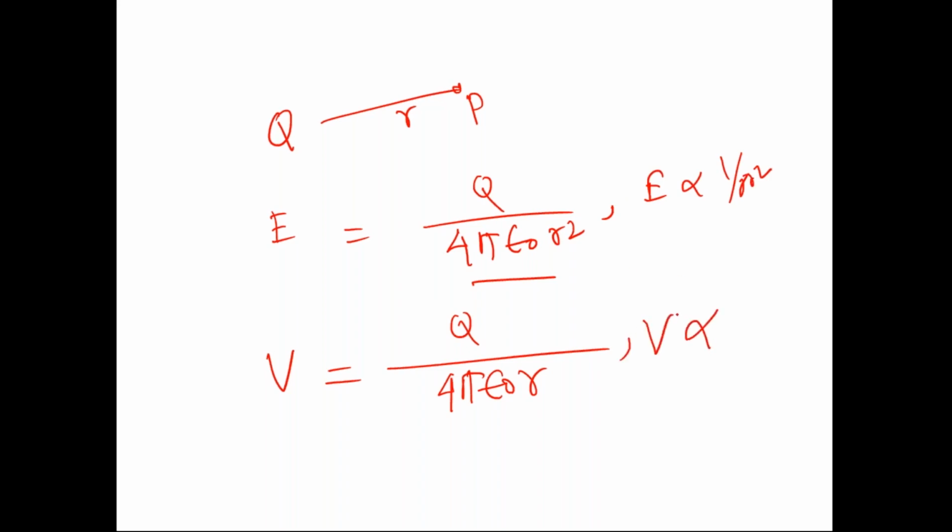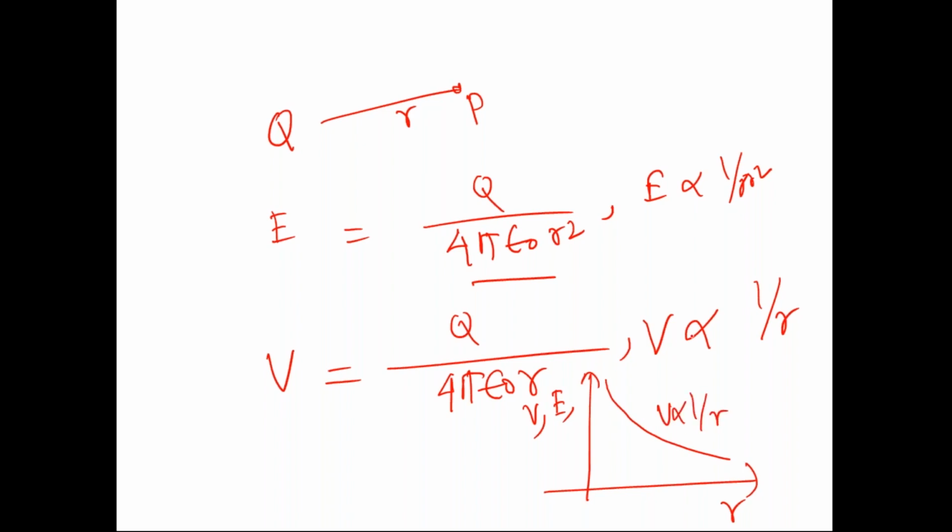If you draw electric field and potential together with distance, how do they look? The potential dies out a little slower, since V is proportional to 1 by r, but the electric field dies out very soon.